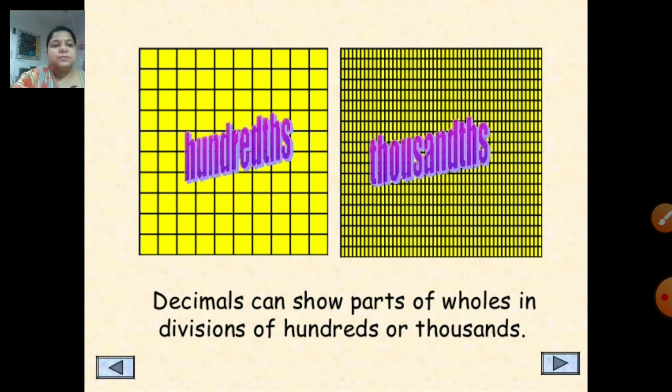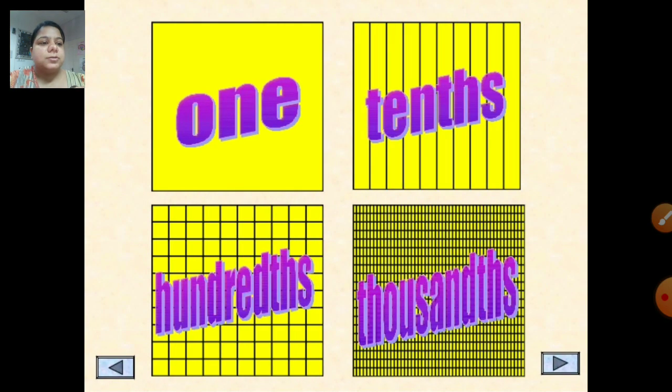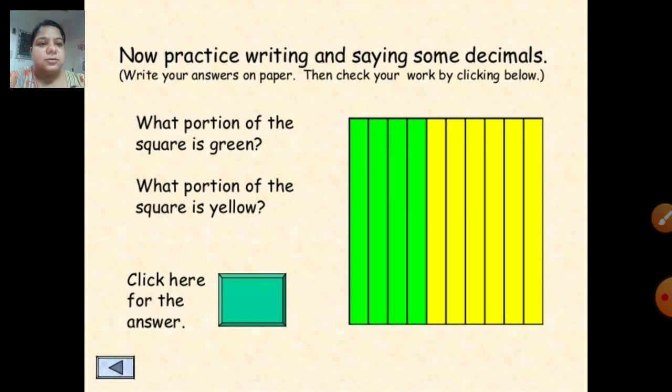And further, if you divide it into 1000 parts, each small square will be 1/1000th, right? So you can see the tenths, hundredths and thousandths parts here. What portion of the square is green now?